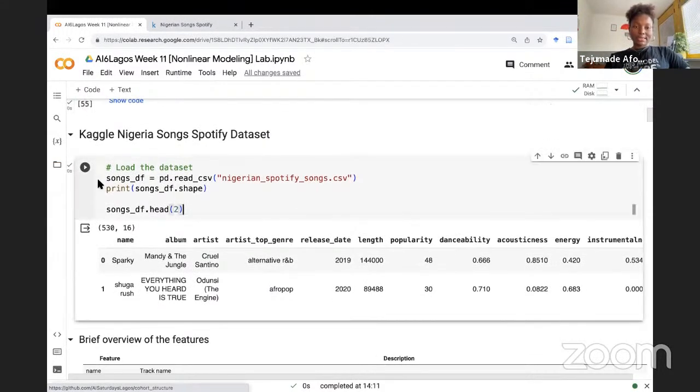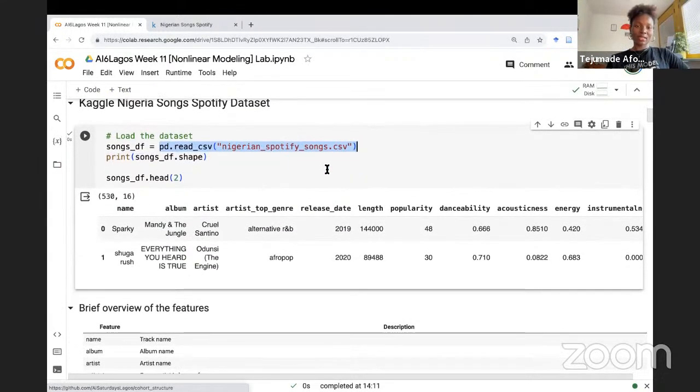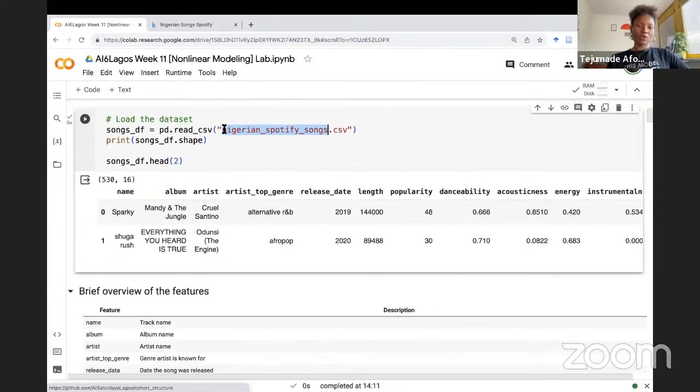So coming to the dataset, the first thing first, let's load it. We're using pandas. We read in the dataset that we have just downloaded. Whatever you called it is what you should write there. So if you did not call it Nigeria specified songs, then you need to change this part of my notebook.